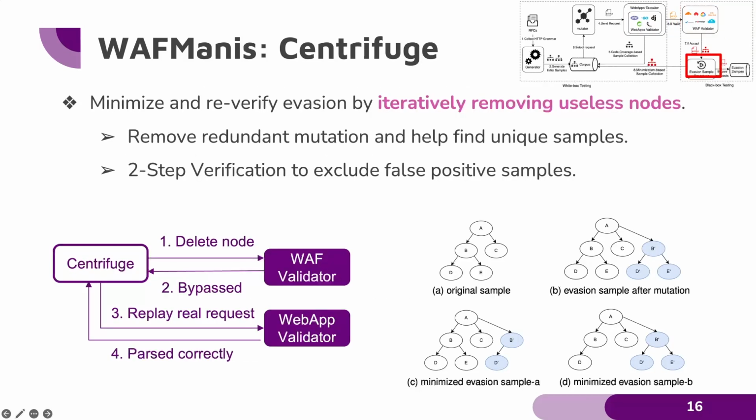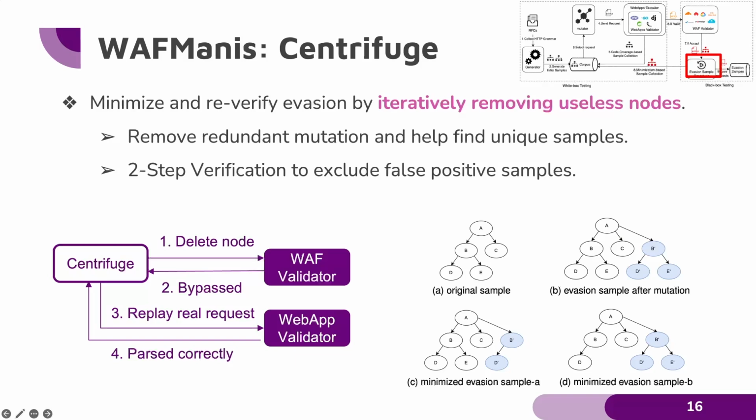In the black box testing strategy, the centrifuge helps WAF Menace minimize and re-verify the samples by iteratively removing useless nodes on the AST. First, it will randomly delete a node in the AST and send it to the WAF validators. If the sample still bypasses the WAF, we will send the real request in the response of the WAF validators to the WebApp validators.